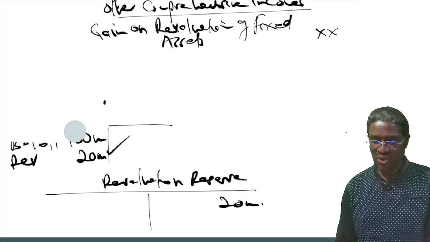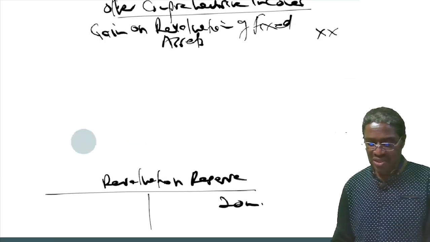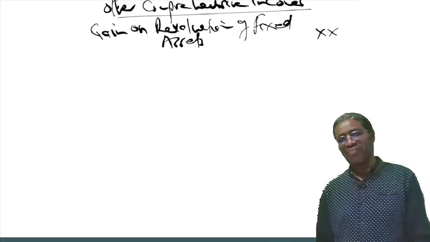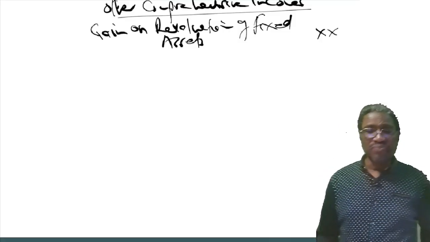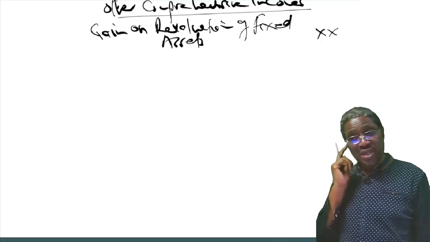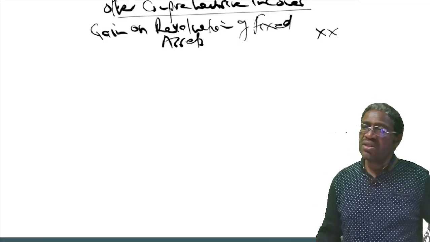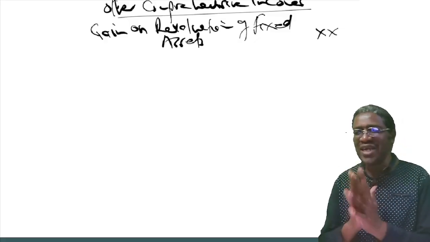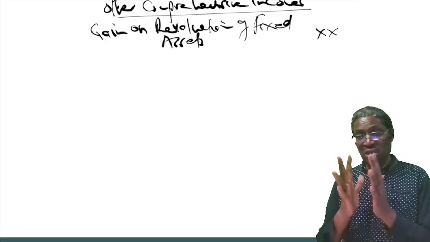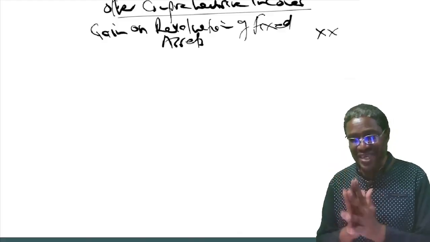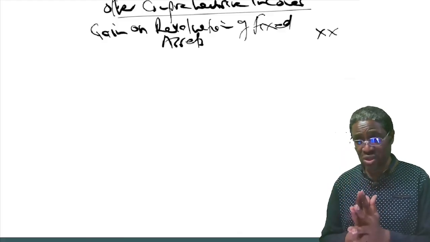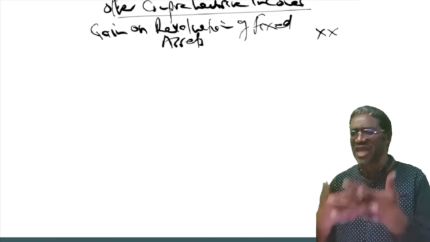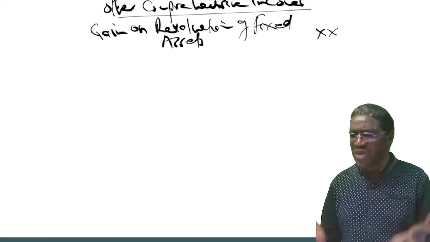Let me just give you another example. There are many, but we shall be coming across them later. Now, if you are a company which undertakes foreign currency transactions, maybe you normally buy goods on credit from other countries and so on, or you sell, or maybe you have a branch in other countries.